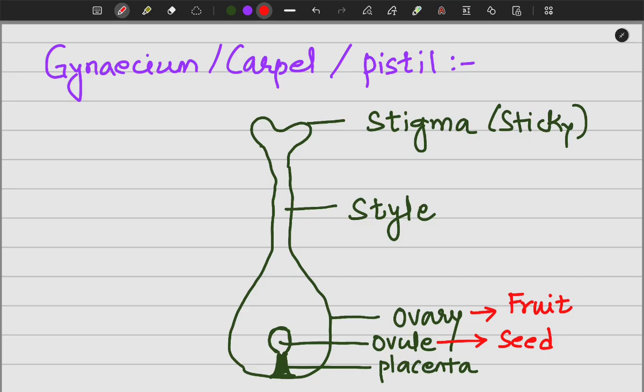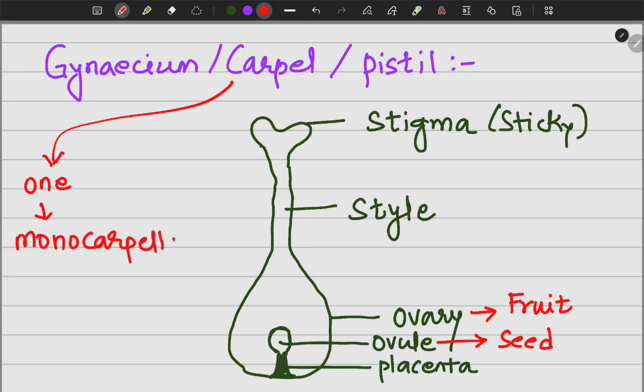Alright, so if the carpel is one, then the flower is called monocarpellary. If the carpels are two or more, then the flower will be called multicarpellary flower.